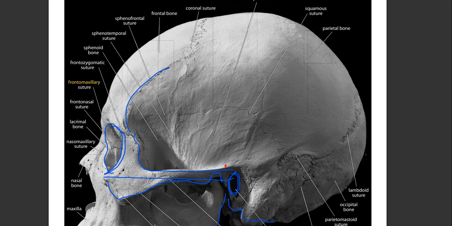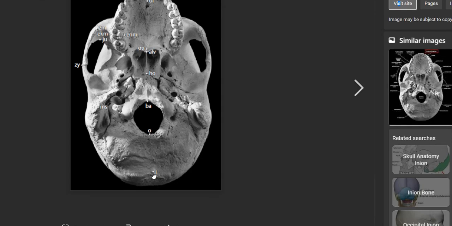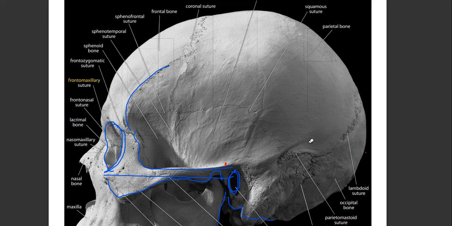Now, where's inion? Let me show you. Yeah, this one. If you look at the back of the skull, there were superior and inferior nuchal lines. If you remember the occiput area of the skull, the line which is coming at the base, the most posterior point of the occiput of the head, this one.